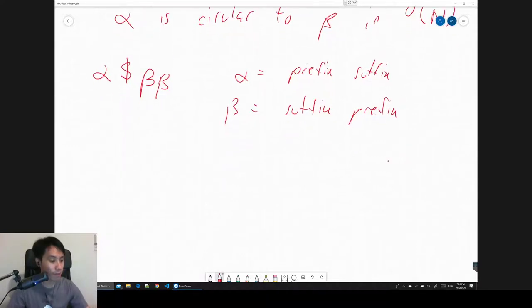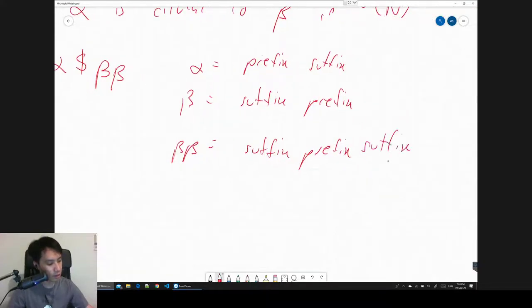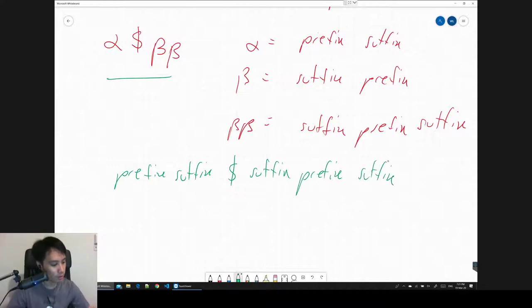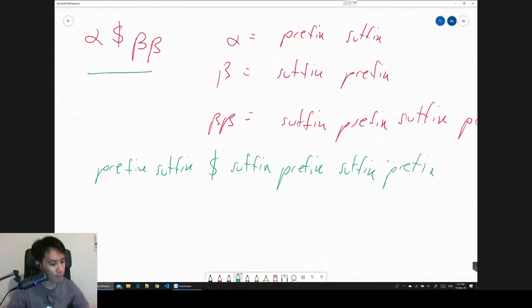If I concatenate beta with itself, it will be suffix, prefix, followed by suffix, prefix. So the string is going to be prefix, suffix, dollar sign, suffix, prefix, suffix, prefix.